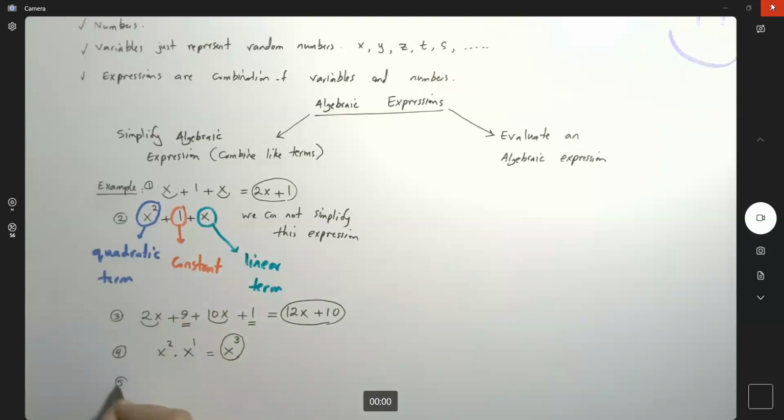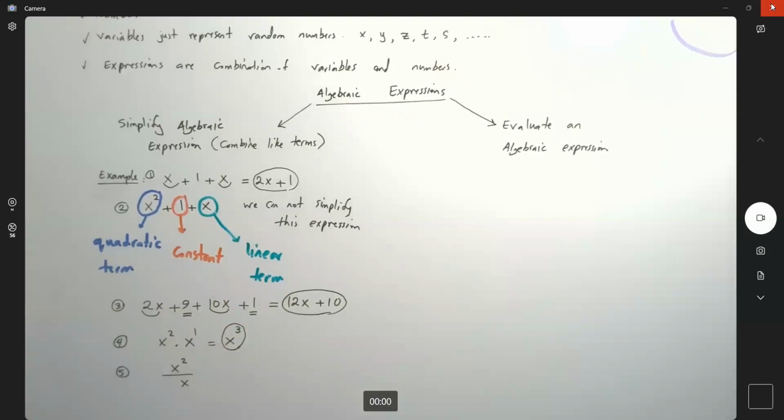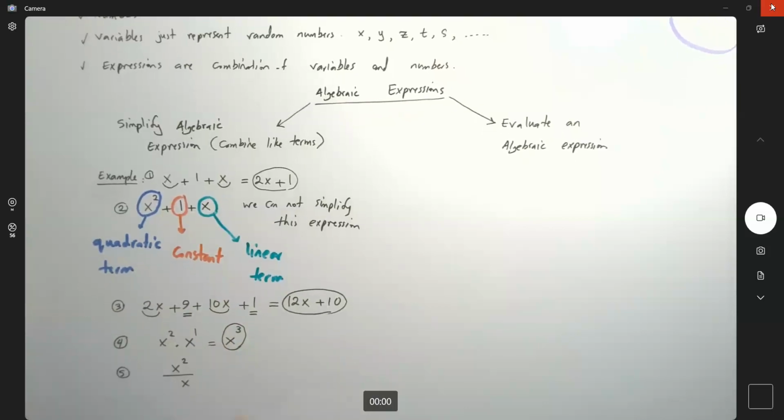If I see something like this, x squared divided by x, what should I do now? x squared is x times x, divided by x. I'm allowed to cancel out the common factor, x and x. I end up with x divided by 1, or x.